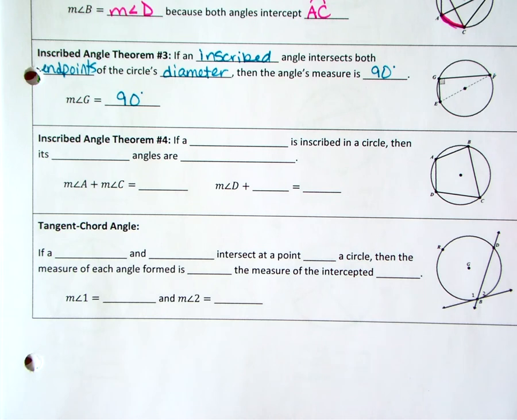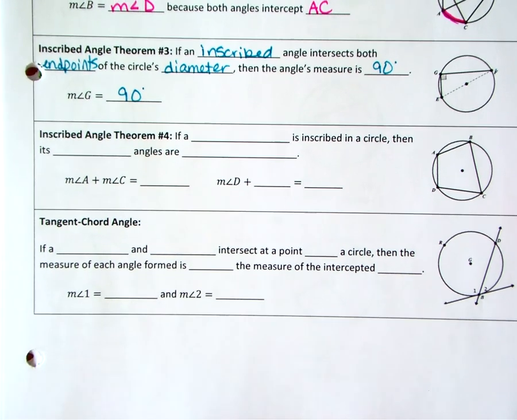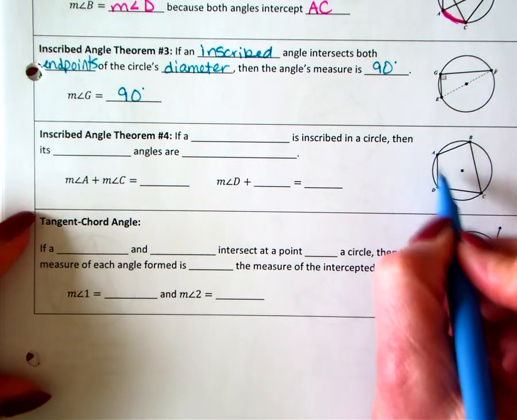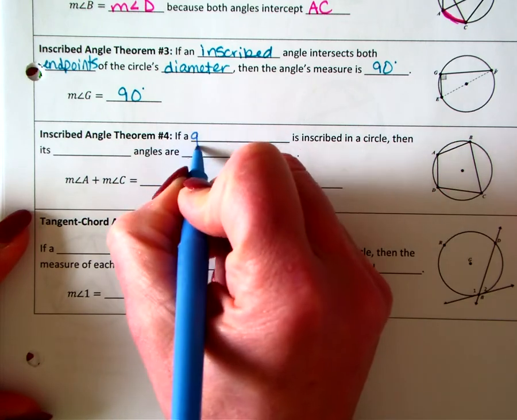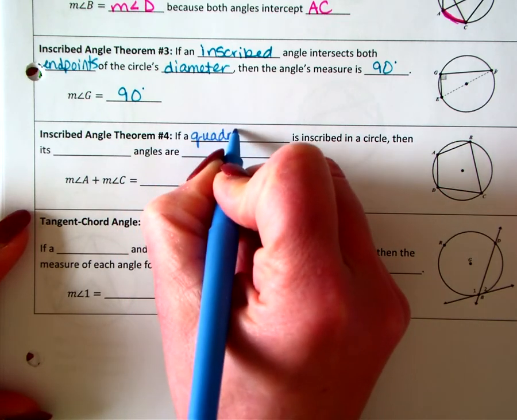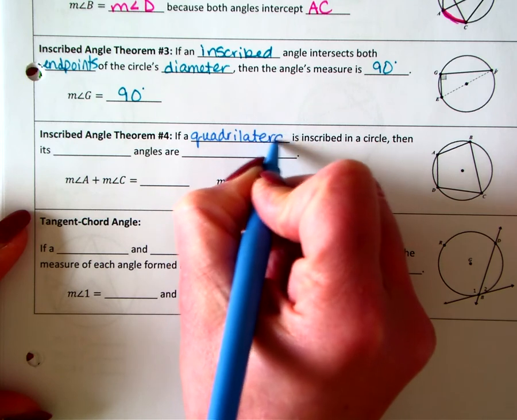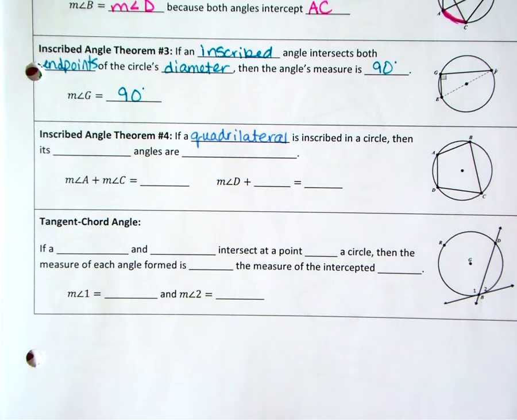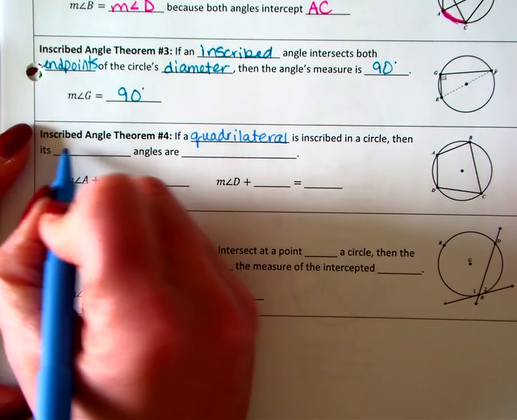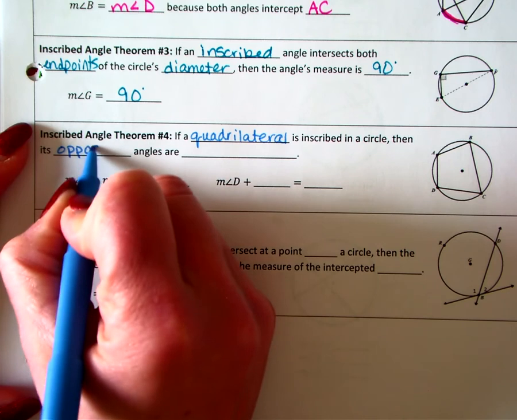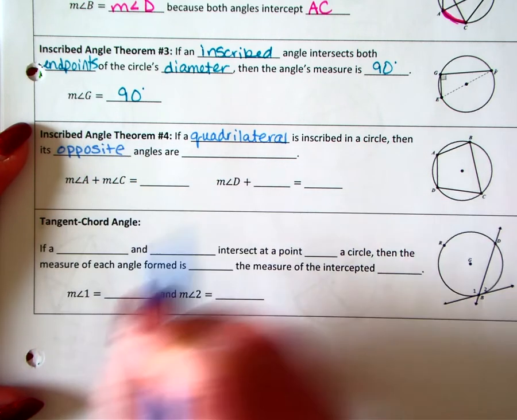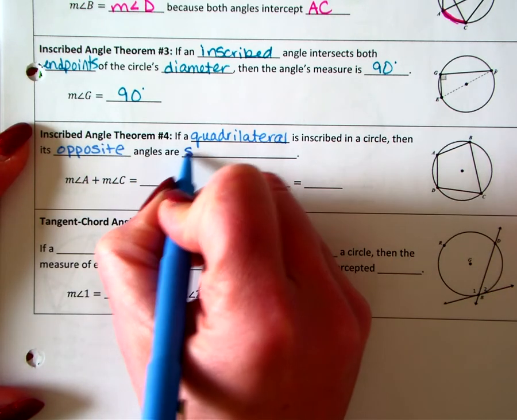Okay, next, theorem number 4 says if we have a, what's this called? Quadrilateral. If a quadrilateral is inscribed in a circle, then its opposite angles are supplementary.